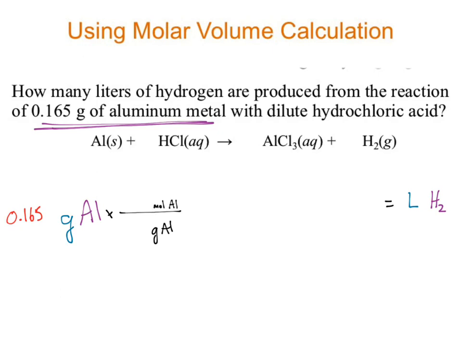Where do I find the conversion between moles of aluminum and grams of aluminum? Periodic table. Close. 26.98 grams of aluminum is 1 mole of aluminum.